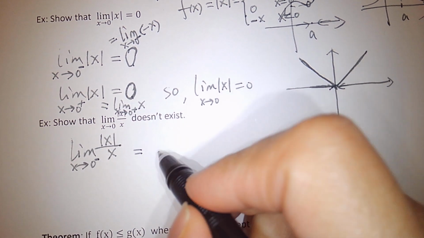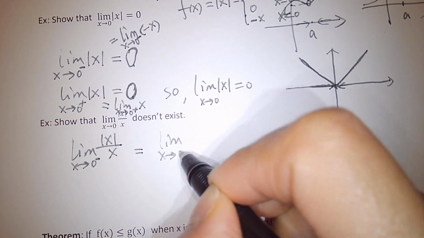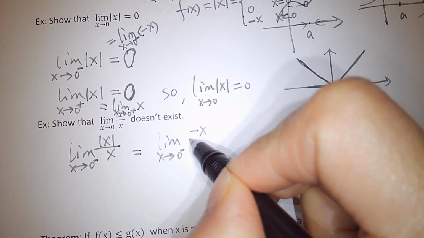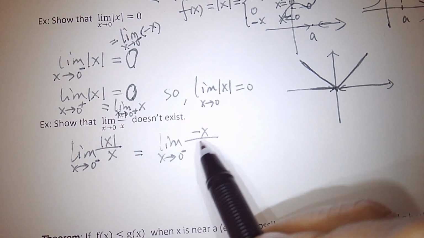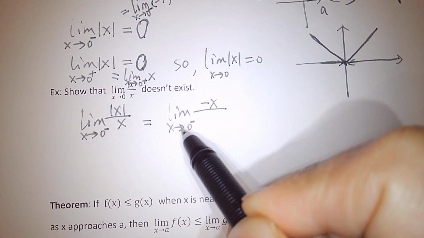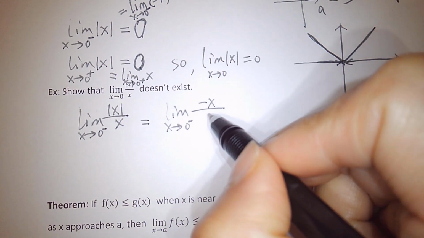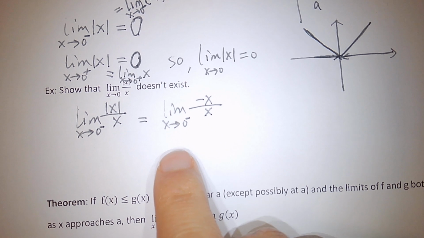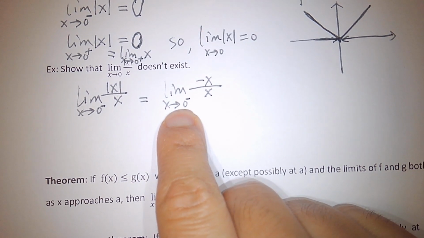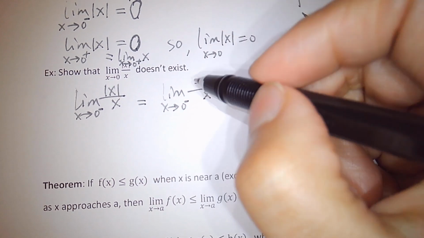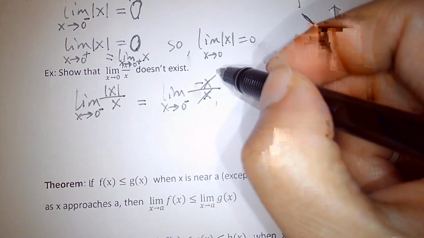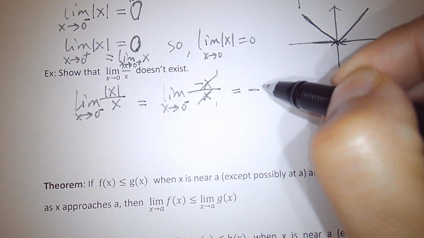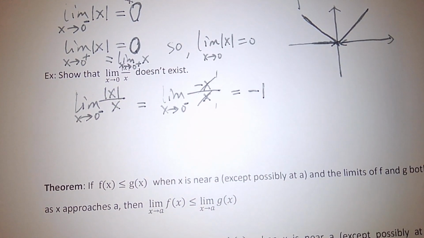Negative x, right? The limit as x approaches 0 from the negative side becomes negative x over x, because x is less than 0. When x approaches 0, x cannot be 0, so it cancels out. So what do we have for the left-hand side? It equals negative 1.